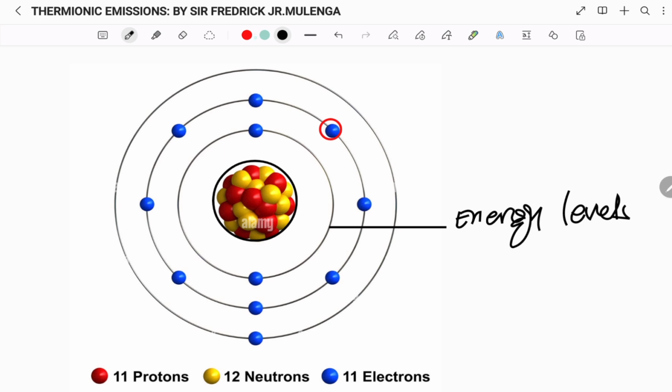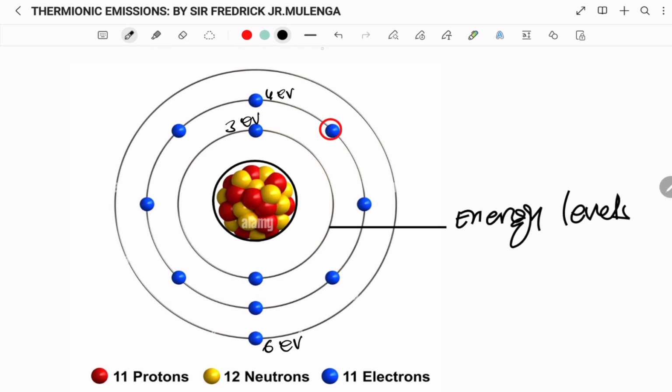So let's imagine maybe these first 2 electrons have 3 electron volts, those in the second shell have maybe 4 electron volts, and the one in the last one has maybe 6 electron volts.